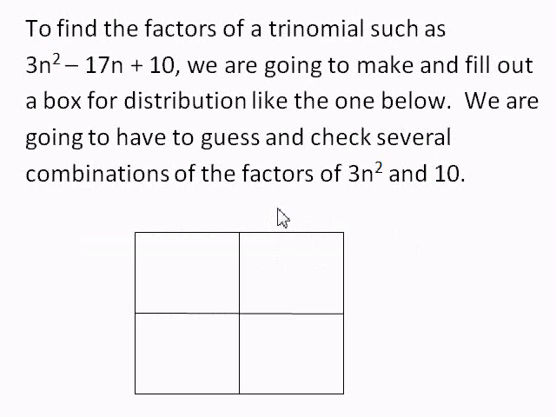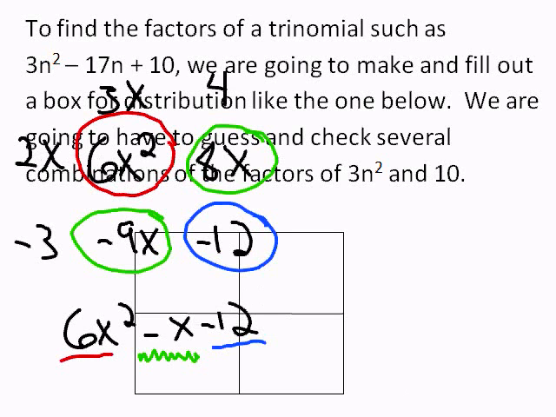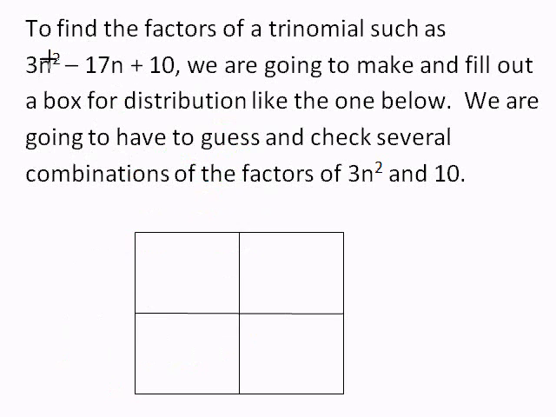So all this brings us to our first example. We're actually going to take 3n squared minus 17n plus 10, and we're going to try to find a factor pair of it. Now, what I want you to see, first off, is that remember the first term showed up in that first box. So we're going to write 3n squared in our first box.